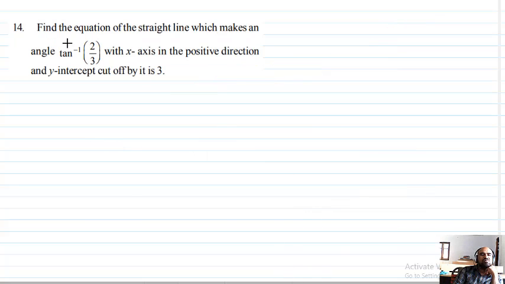Yeah, 14th problem. Find the equation of the straight line which makes an angle of tan inverse of 2 by 3 with the x-axis in the positive direction and y-intercept cut off by 3. Two things are given: inclination and y-intercept. Inclination of the required line is theta.